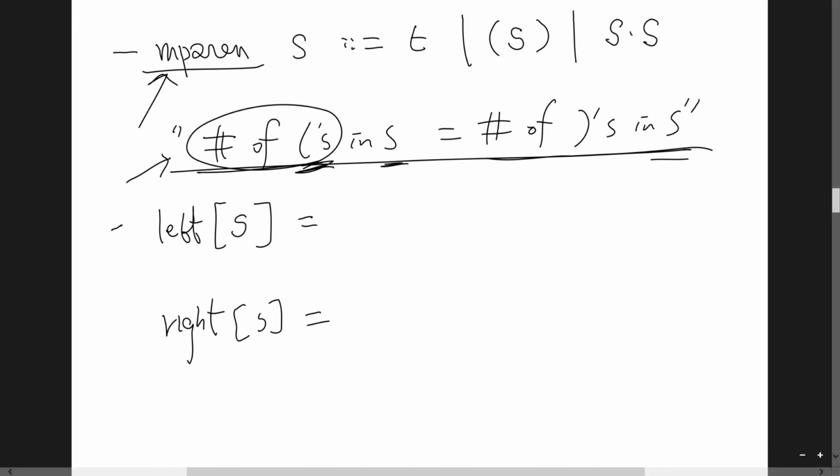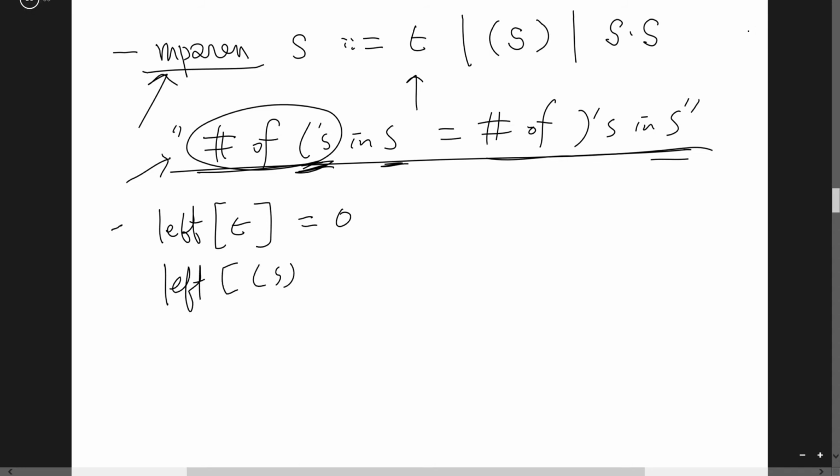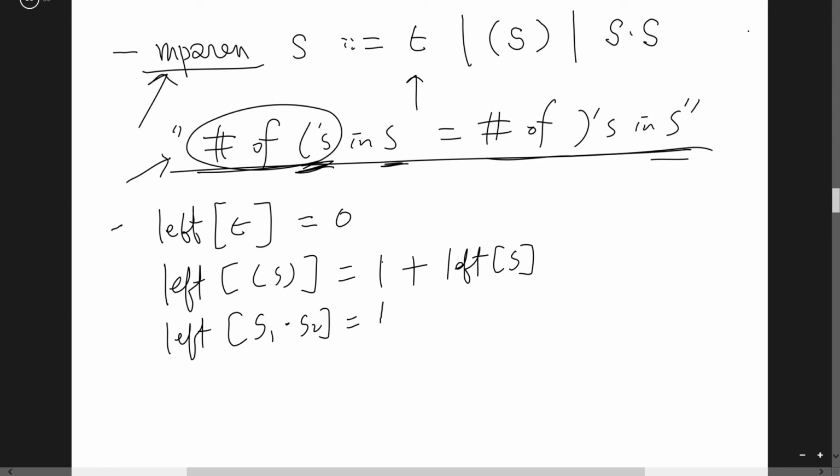Actually it's trivial to define this function if you have completed programming assignment 1. In the case of epsilon, it's going to be 0. And if the string is this one, then we add 1 to the number of left parentheses in S. And if this is a concatenation of two, S1 concatenated with S2, then we just add left(S1) and left(S2).